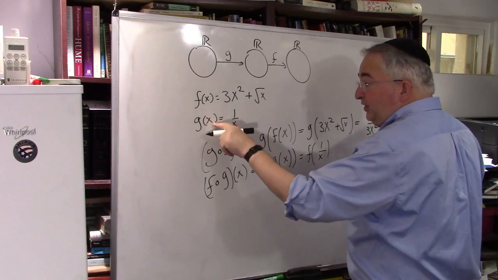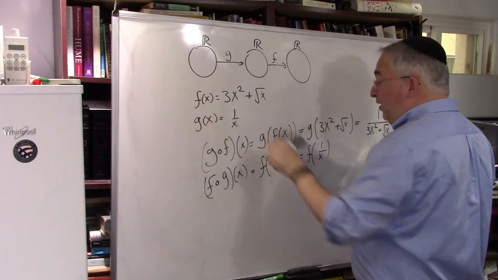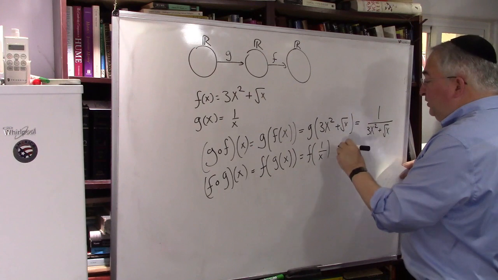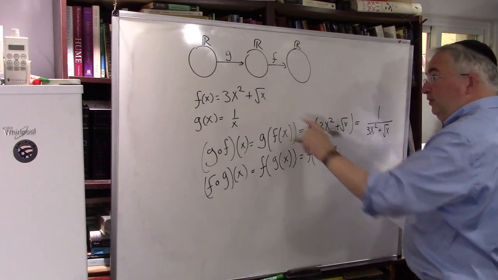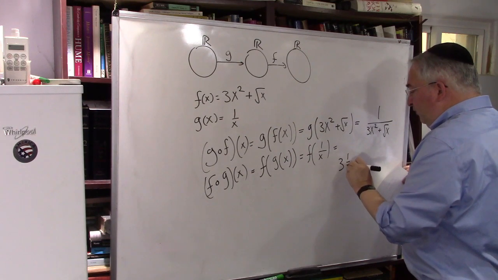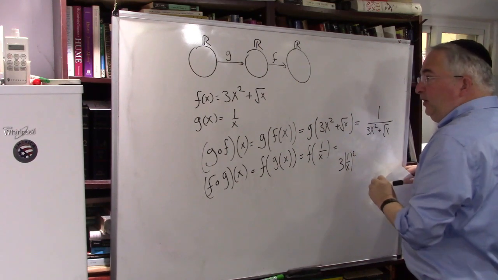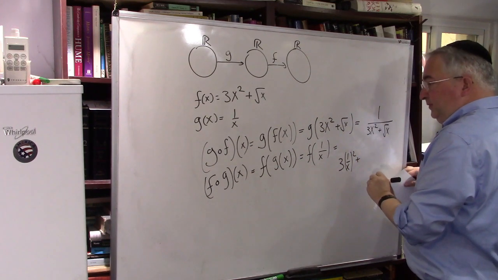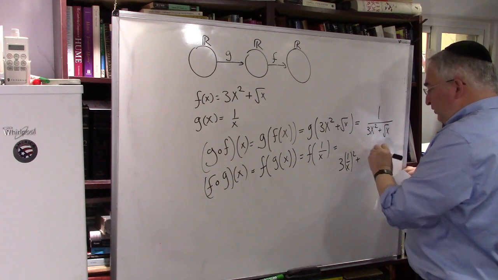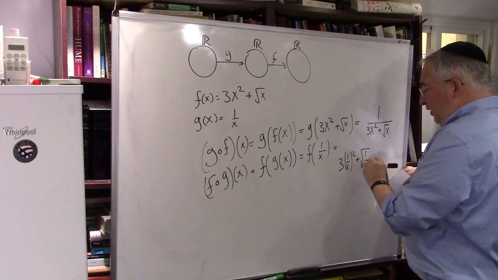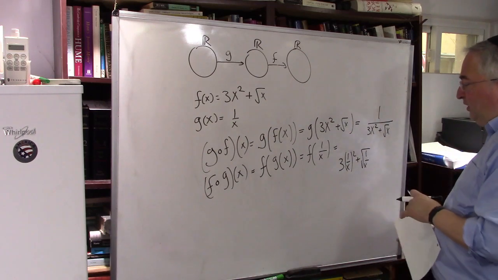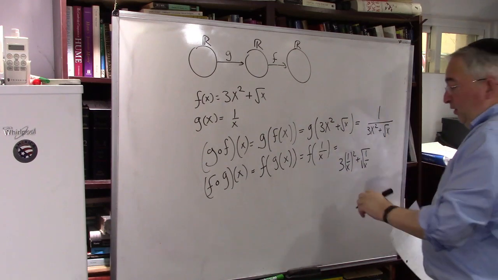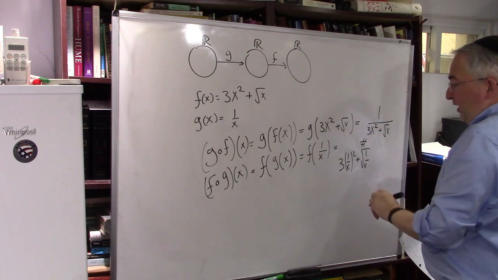That's what g does. It changes x into 1 over x, okay? And so this becomes 3 over x squared plus the square root of 1 over x. Okay? Now this function and this function are not necessarily equal. Okay? So this is usually not equal.